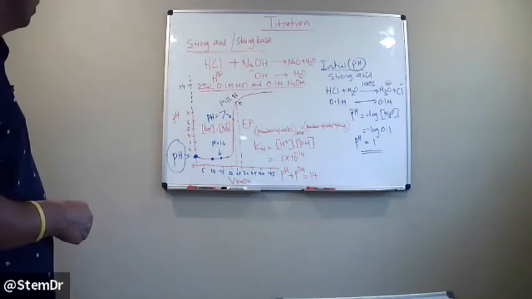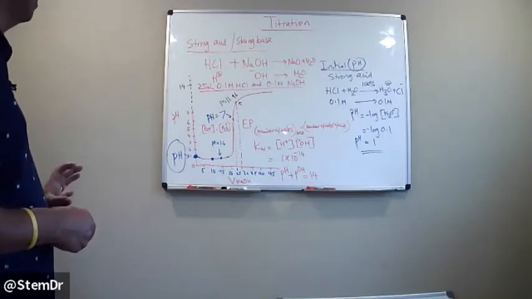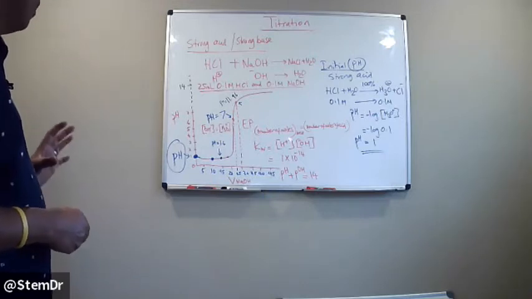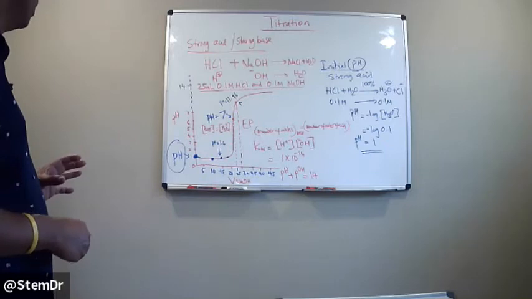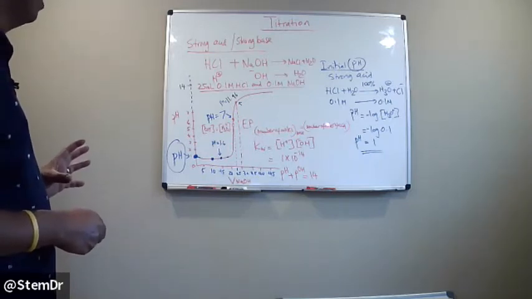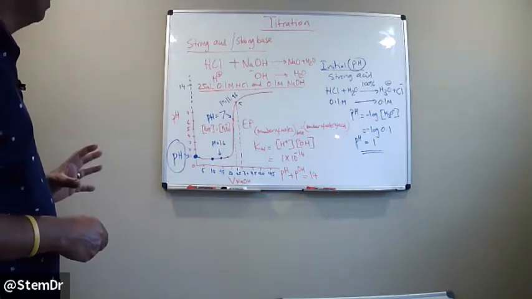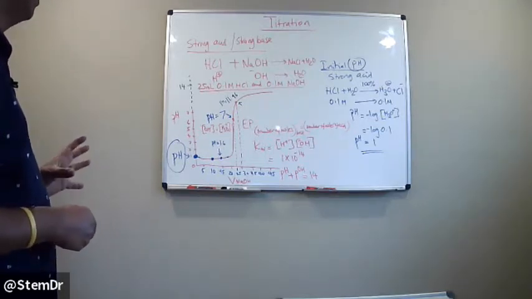At the equivalence point, the number of moles of base equals the number of moles of acid. In your solution, you have an equal number of moles of base and acid. That means a matching amount of sodium hydroxide has been added to the hydrochloric acid.